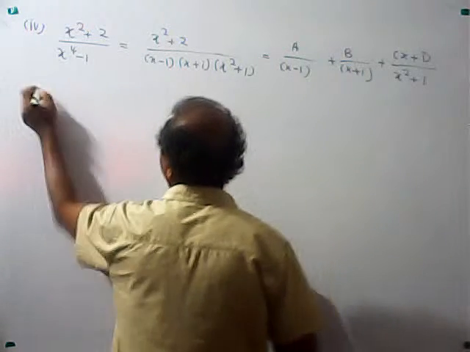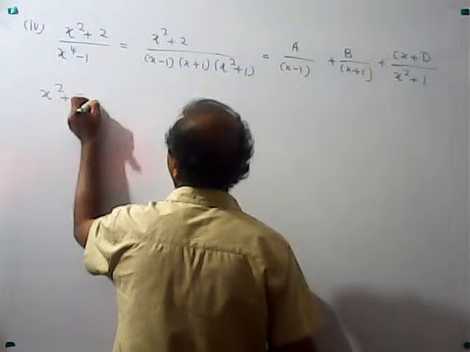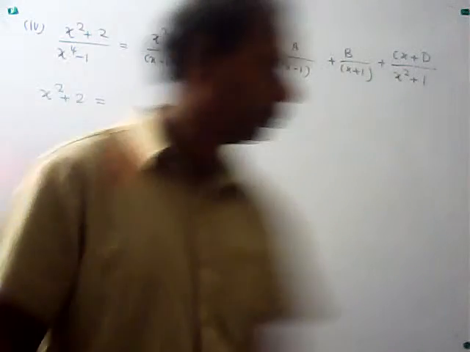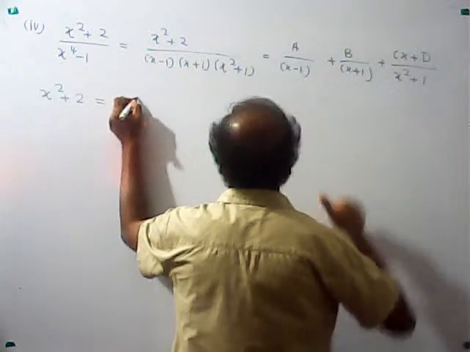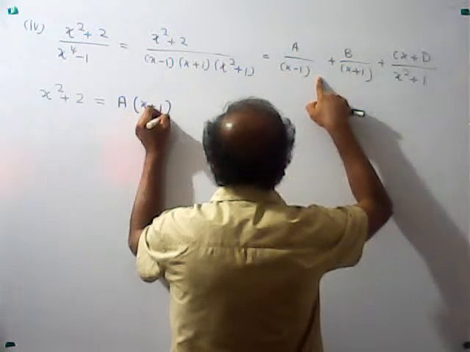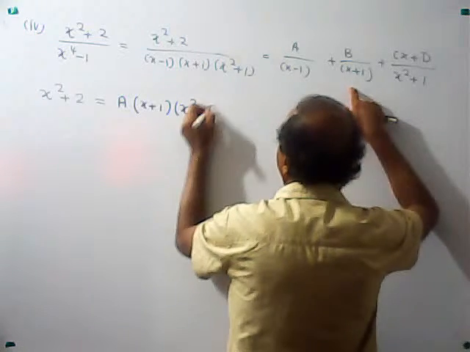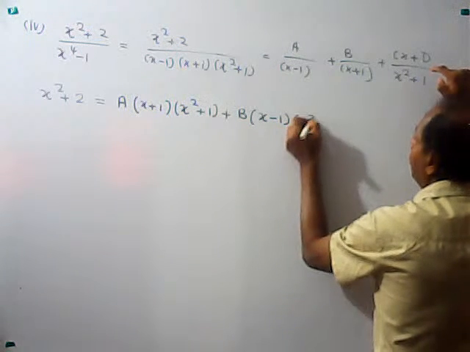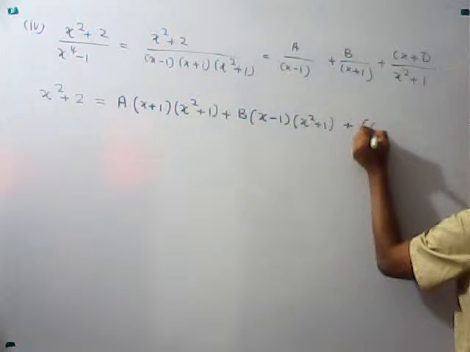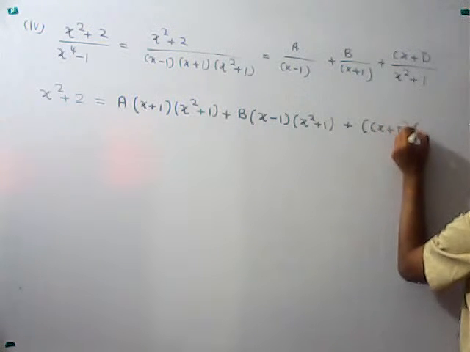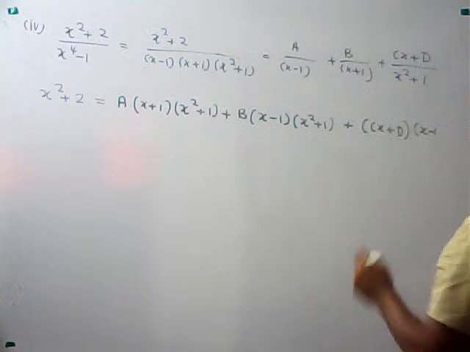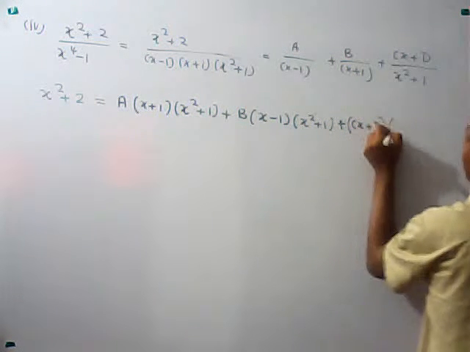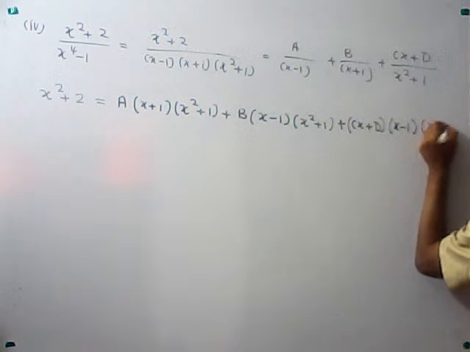So equating numerators, you get x squared plus 2 equals a into x plus 1 into x squared plus 1, plus b into x minus 1 into x squared plus 1, plus cx plus d into x minus 1 into x plus 1.